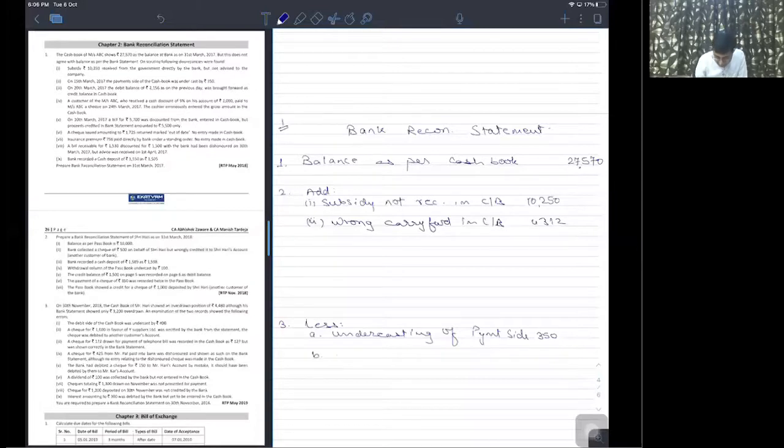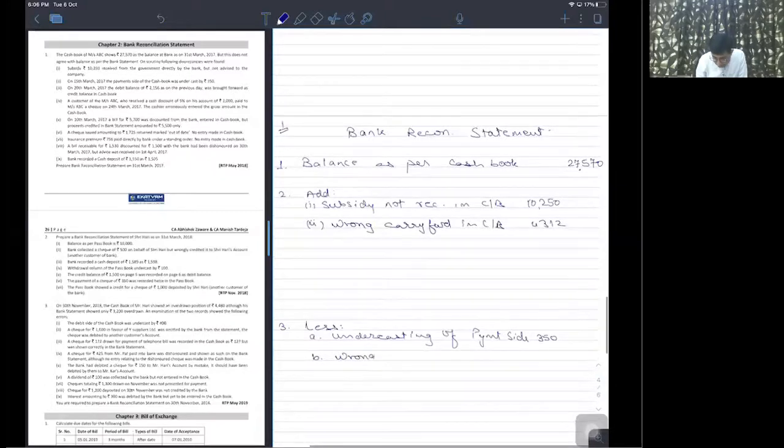B, wrong debit in cash book, rupees 100.